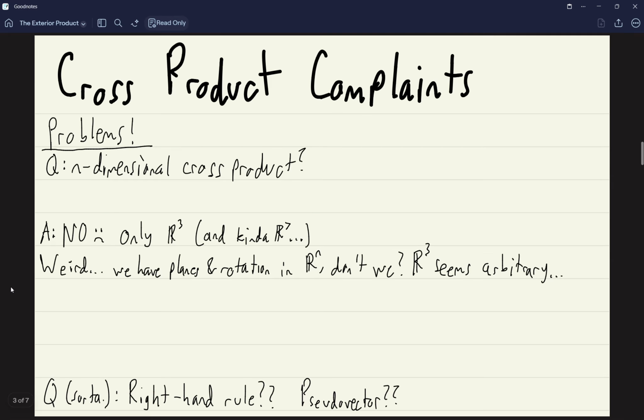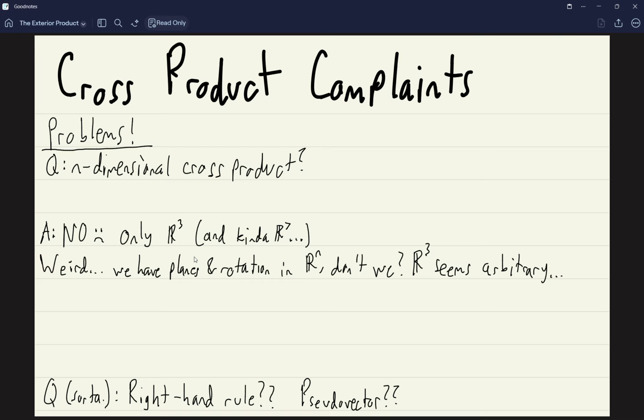Another problem is the right-hand rule, which is that our general operation is apparently dependent on this, again, seemingly arbitrary choice of orientation. In certain contexts that could even get messy if we're doing transformations that change orientation, when normally we expect those to leave vectors behaving as normal.